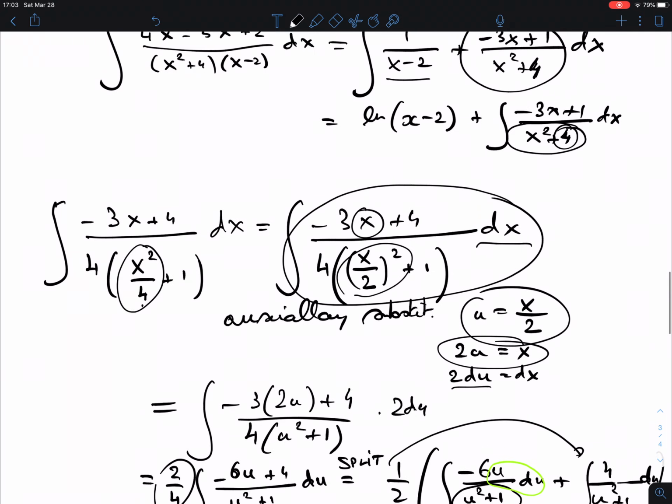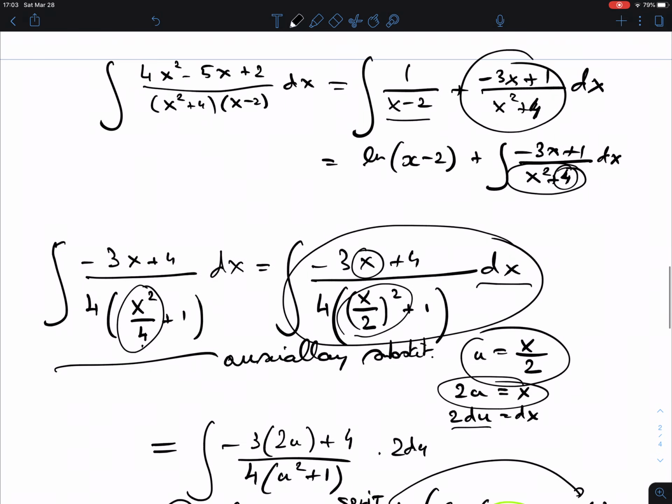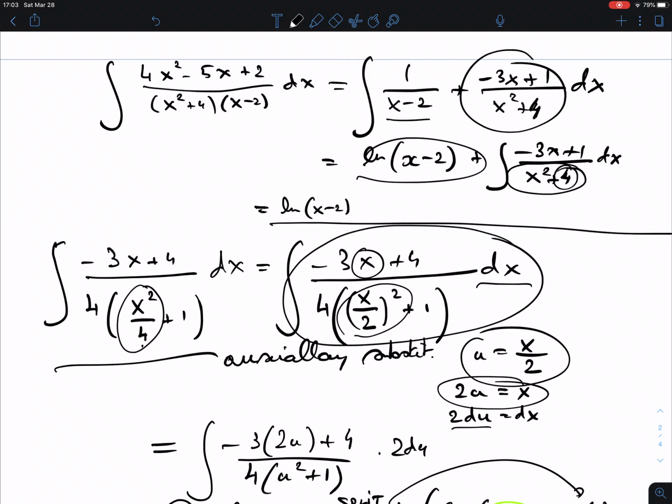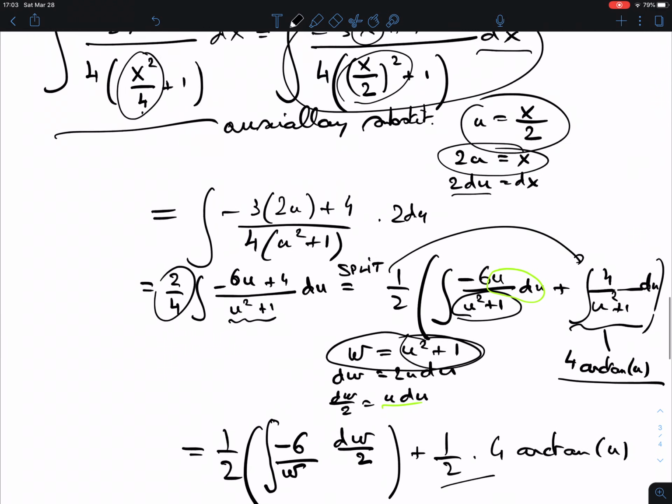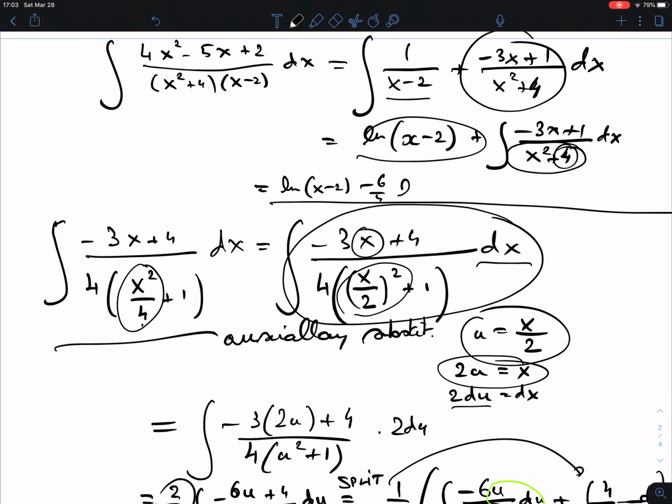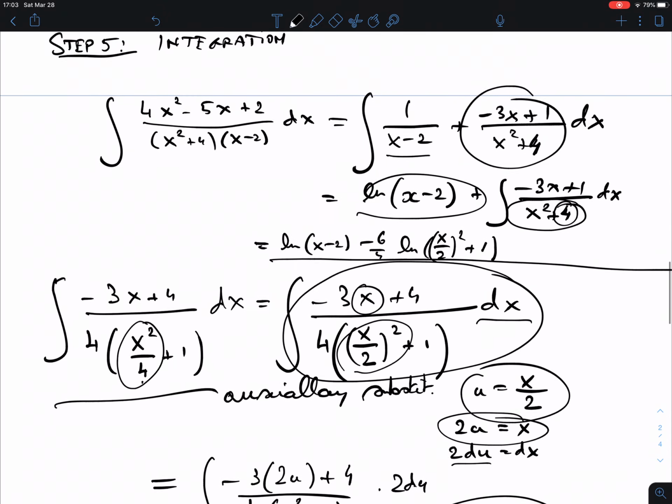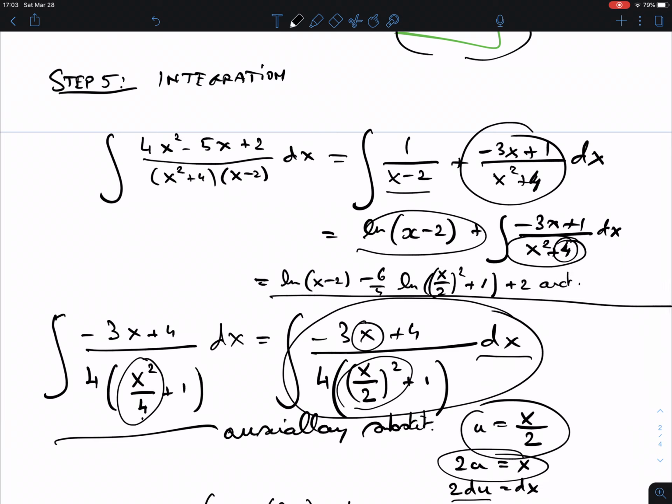Now remember, I was doing this separately, so the final answer is, I have this term here also. So the final answer, I'll squeeze it in here, would be ln of x minus 2, minus 6/4 ln of x over 2 squared plus 1, and then the last term was plus 2 times arctangent x over 2, plus c.